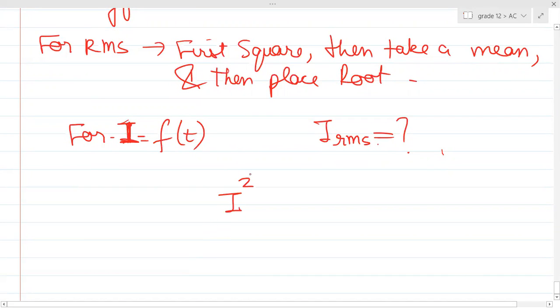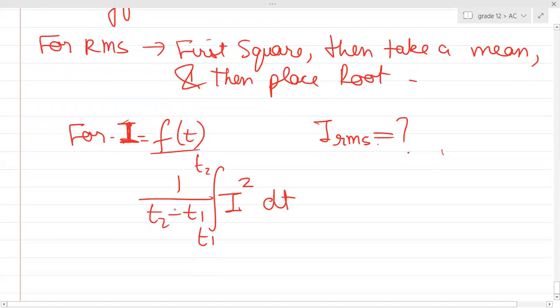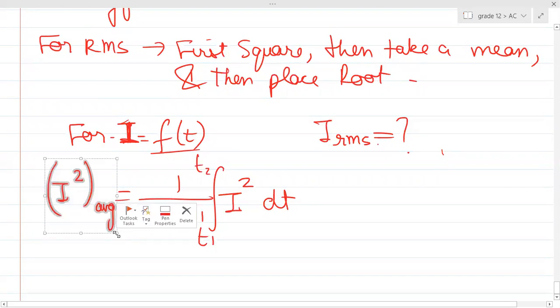After calculating I square, this will become some other function. So how do you calculate the mean value of that function between two time periods? This is the main formula to calculate the mean value in between. So it is the average value of I square. Please remember, it is not I average whole square. It is the average value of I square, which I write in angular brackets.